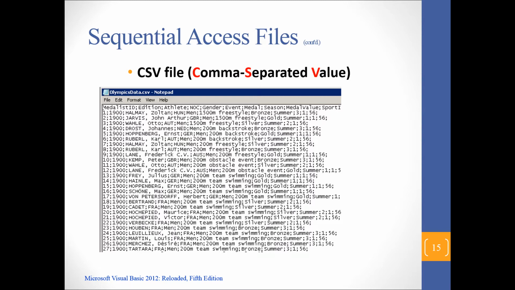It's comma separated. Initially they used a comma, but you can actually use a different delimiter to separate those fields. If you look at this file, you see a long string of text, and each line has a lot of fields in it. Each line is called a record, if you think in terms of a database table.